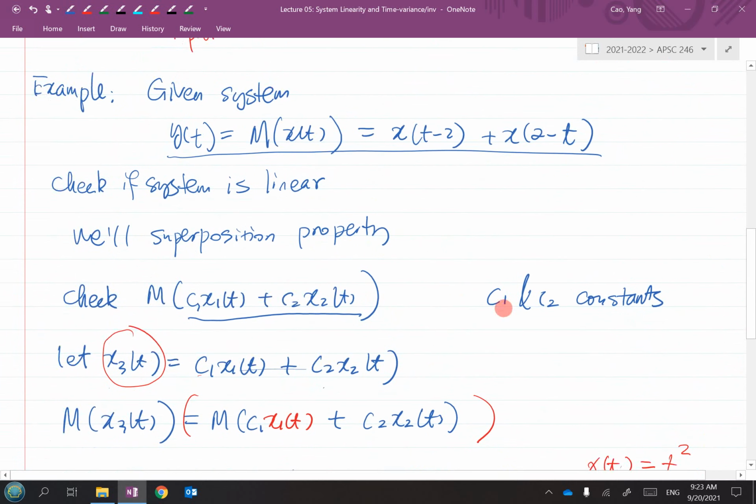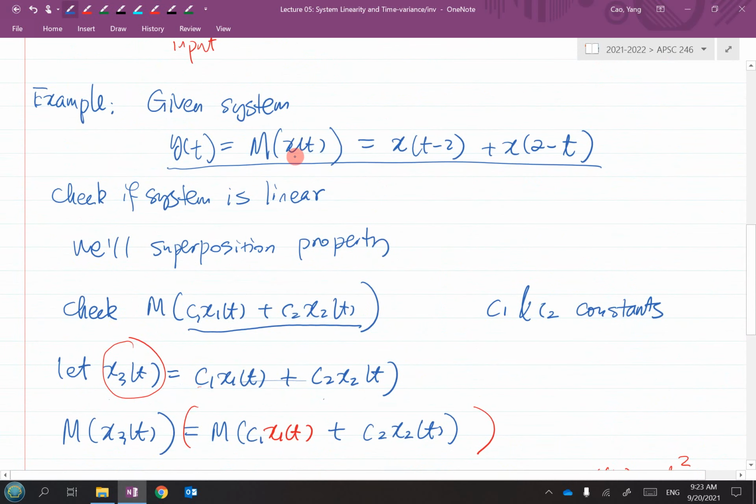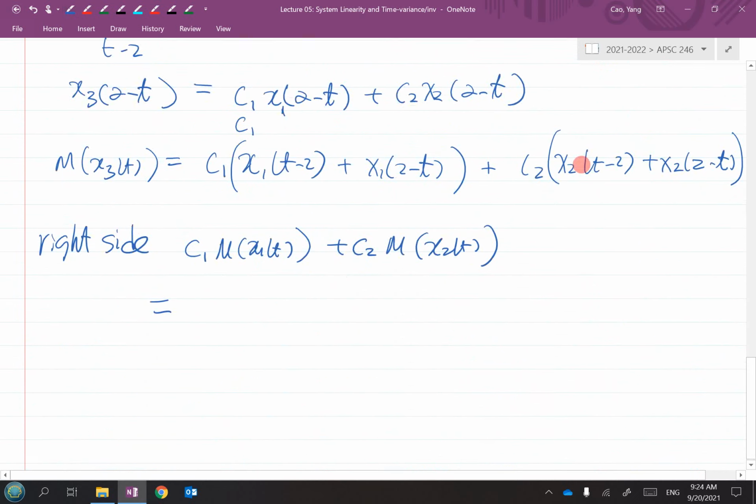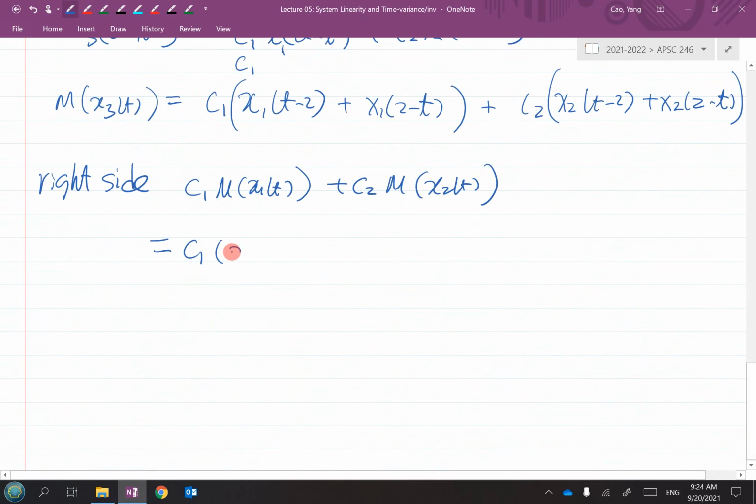So you go back to the system. Here is x. You replace x with x1. And this is your actual system expression. You find all the x's replaced with x1. So now you have your first expression, c1 times x1 of t minus 2 plus x1 of 2 minus t.